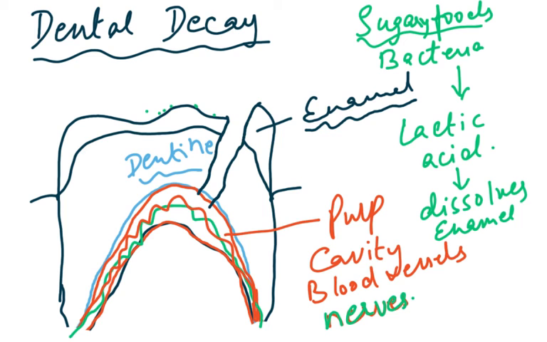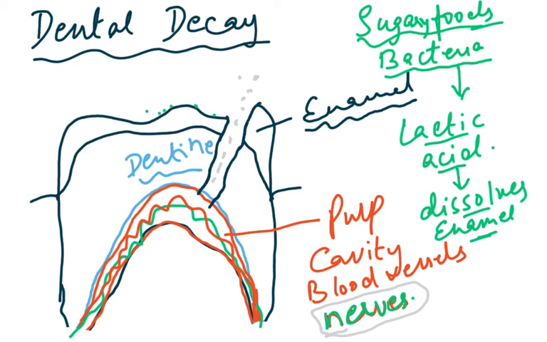Now when you eat something, like ice cream, or drink tea or coffee, it is going to reach here and irritate these nerves, and that's when you're going to get a toothache. So dental decay basically is the sugary foods that stick to your teeth. The bacteria in your mouth feed on those sugars, and they convert them into lactic acid, and the lactic acid then dissolves the enamel.